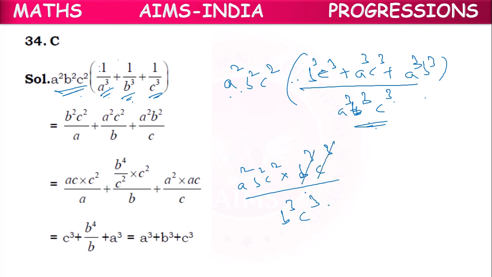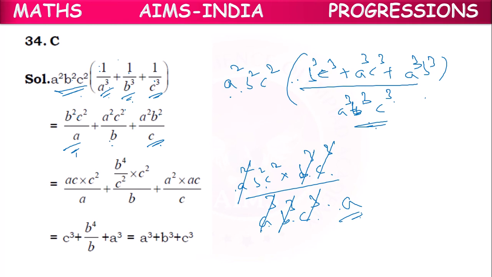B cube C cube gets cancelled. Sorry, A cube also is there. From A square, 2 A's get cancelled. 1 A will remain in the bottom. So we will get B square C square by A. In the same manner, if we do here, A square C square by B. If we do here, A square B square by C we will get.